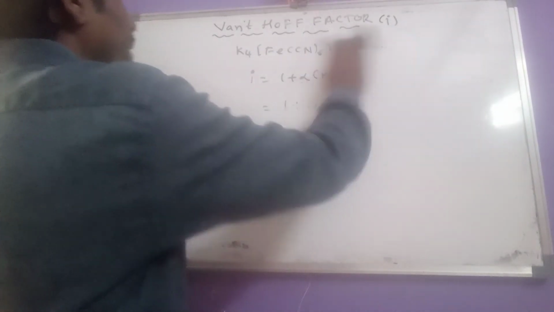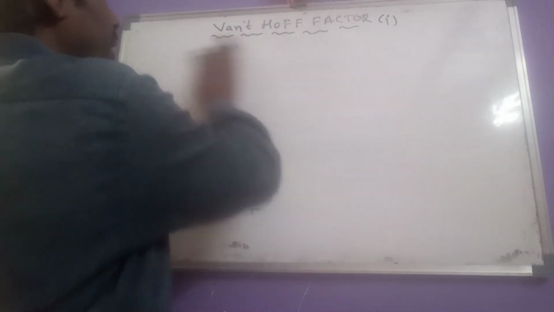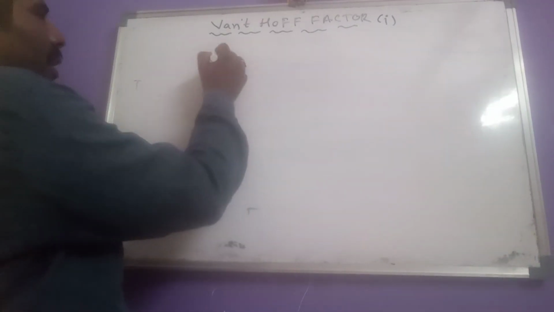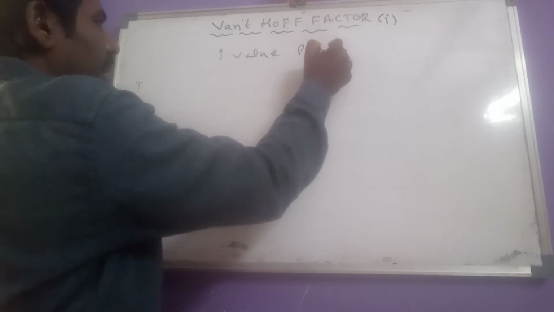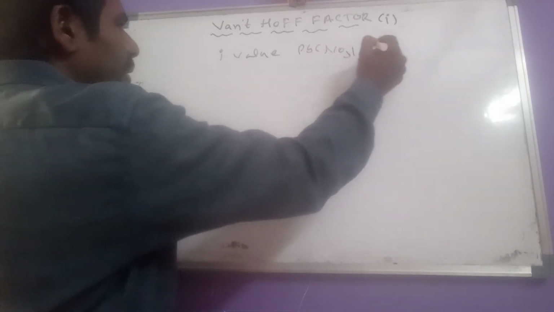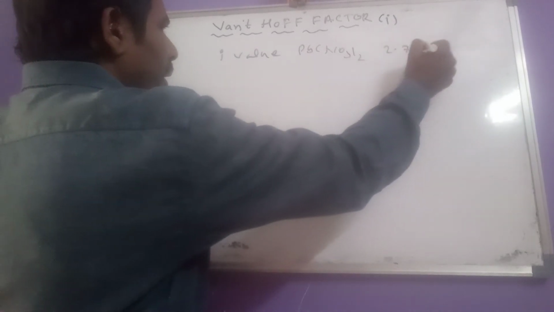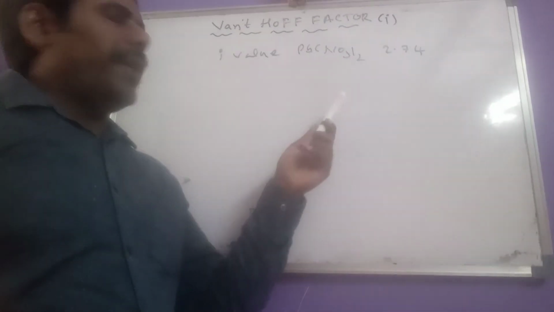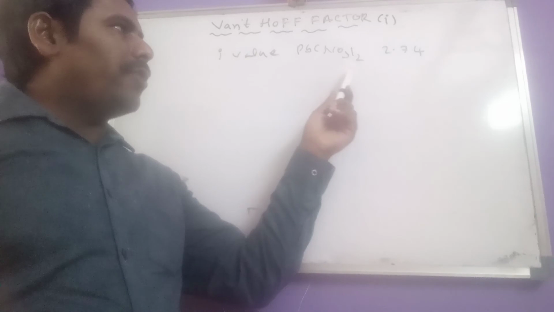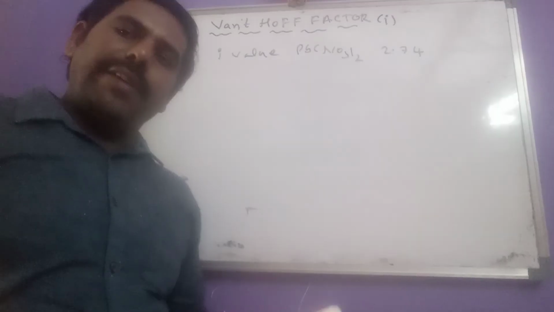Okay, then I give another question here. For example, the I value for Pb(NO3)2 is 2.74. The I value for Pb(NO3)2 is 2.74.